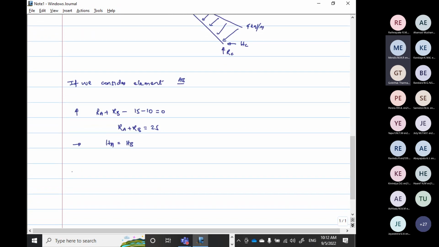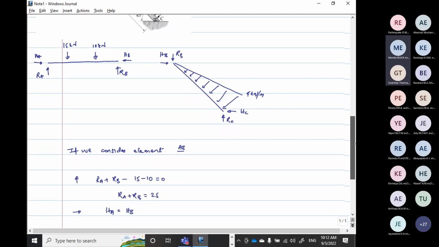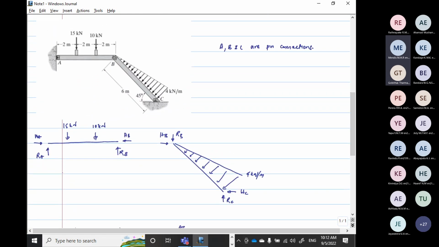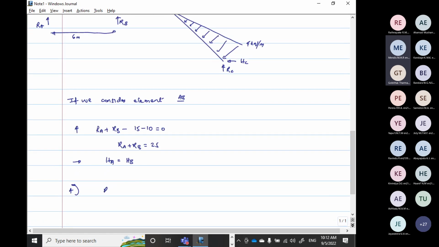Then we take a moment about A. So if you take moment about A, RB into the distance, which is 6 meters: 2 meter, 2 meter, 2 meter. So RB into 6 minus 15 into 2 minus 10 into 4 is 0.